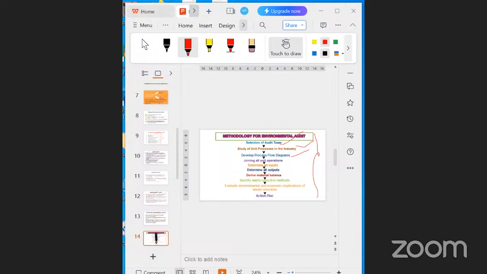And next we will join all the unit operations which are taking place in the industry. Then we will determine all inputs such as water, chemicals, solids, fuels, right? And then next we will determine all outputs. So these are inputs and these are outputs, right?